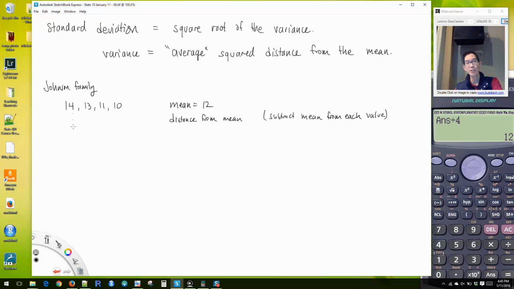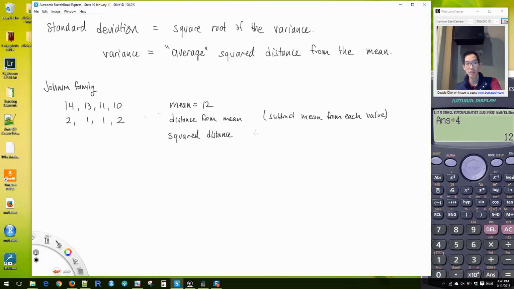So how far is 14 from the mean of 12? It's 2 units, or 2 years away. What is 13 from 12? 1. 11 is 1 unit away from 12. And 10 is 2 units away from 12. Okay, so this is the distance from the mean. The variance, we can think of as the average of the squared distance from the mean. So what is the squared distance?